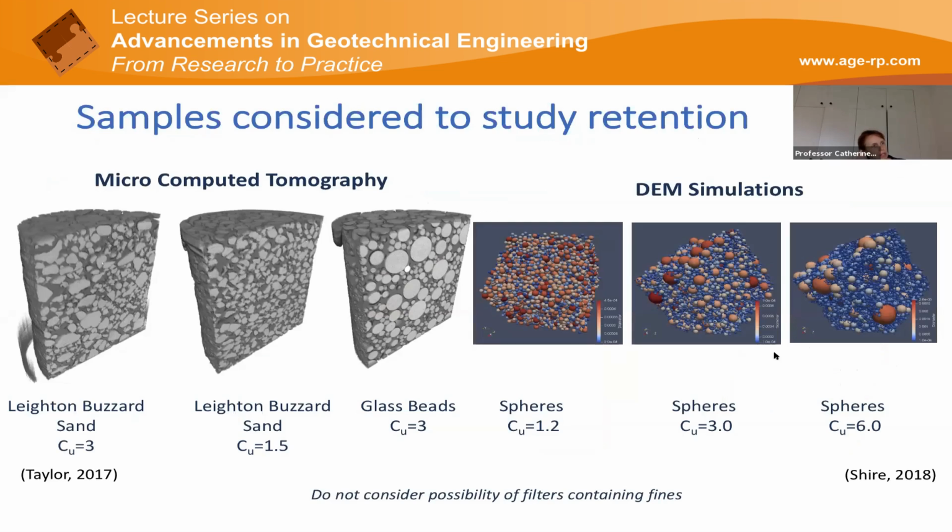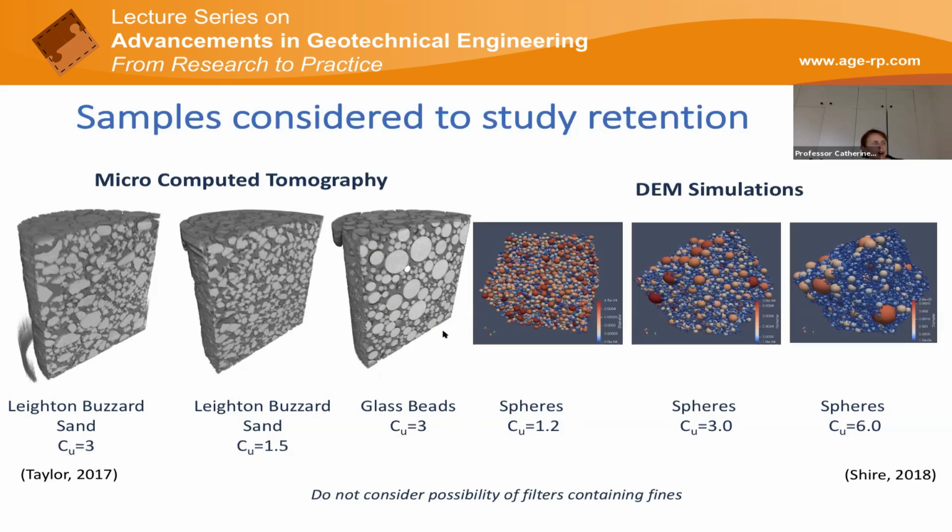So these are some images of the materials we looked at. We looked at materials with a continuous grading, tried to keep things simple, and we looked at different coefficients of uniformity. For microcomputed tomography, we were restricted to looking at quite small samples, and we also wanted to get as high a resolution image as we could.